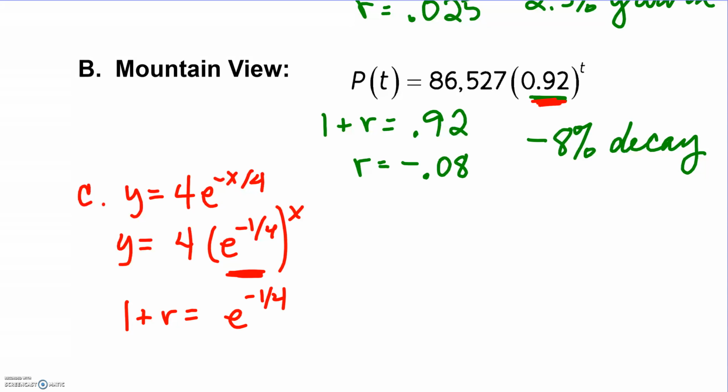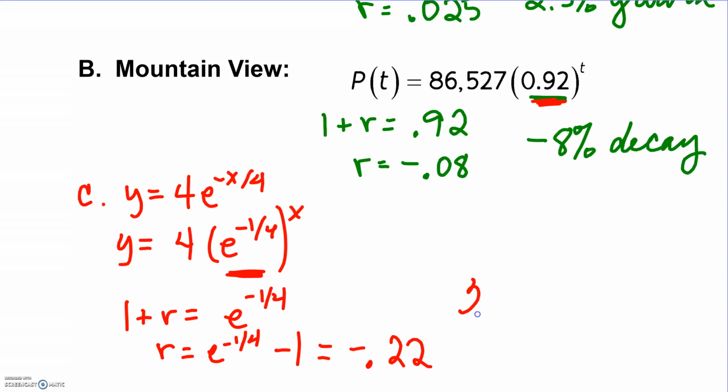All right, so anyway, we have 1 plus r equals e to the negative 1/4. So therefore, r would be e to the negative 1/4 power minus 1. And I'm just going to put that into my calculator. The E button, you should be able to find that on your calculator, raise that to the negative 1/4, and then subtract 1, and you're going to end up with negative 0.22.